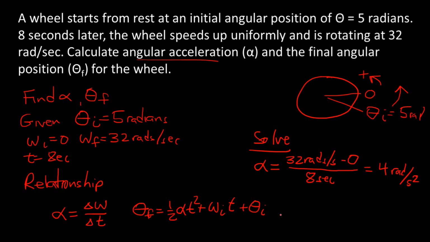Sorry about that error. Let's go ahead and put numbers in. We can see if we can solve that. My final angular position is 1/2 my acceleration, 4 radians per second squared, my time 12, right? Oh, no, it's 8 seconds. Sorry about the mistakes.